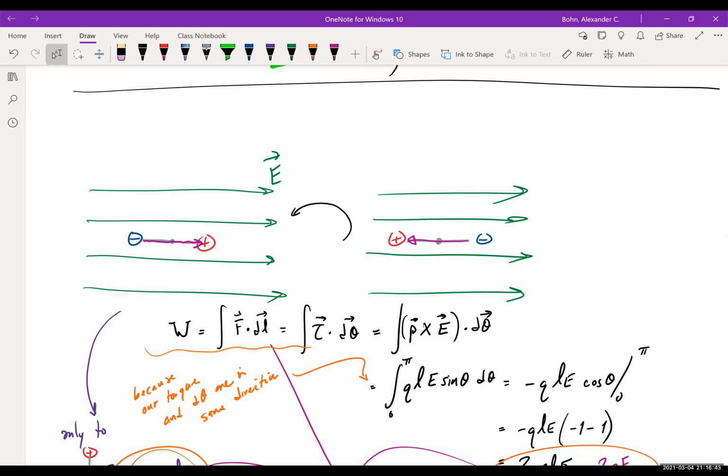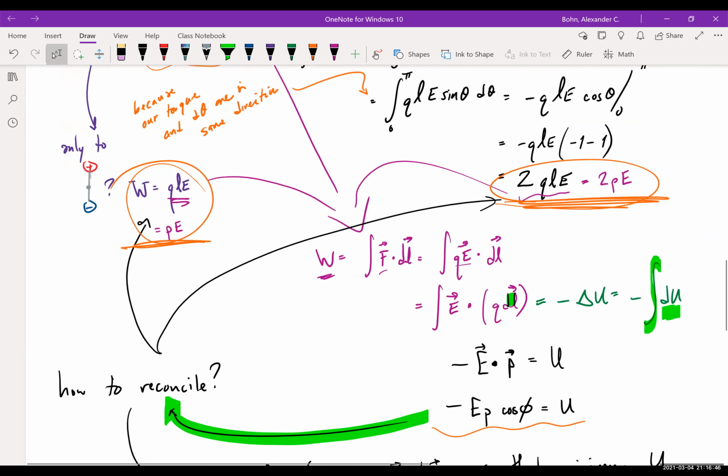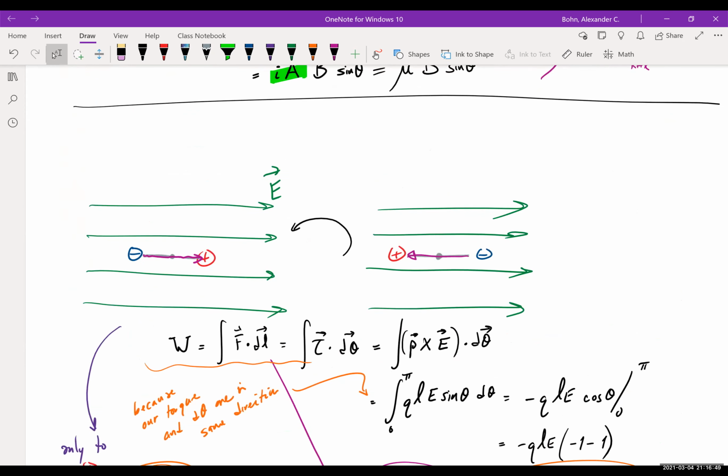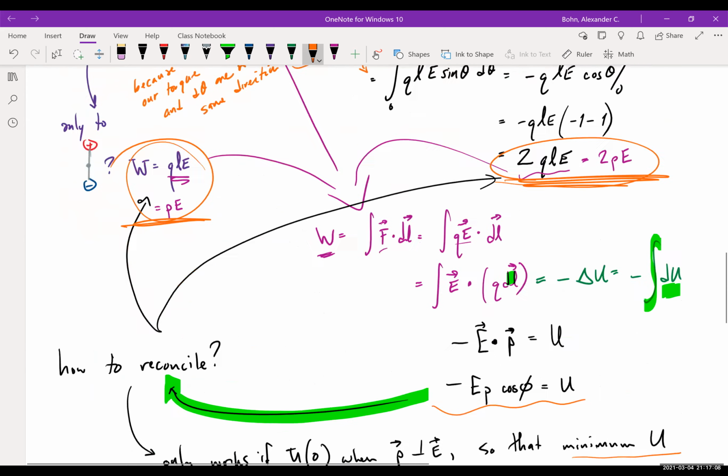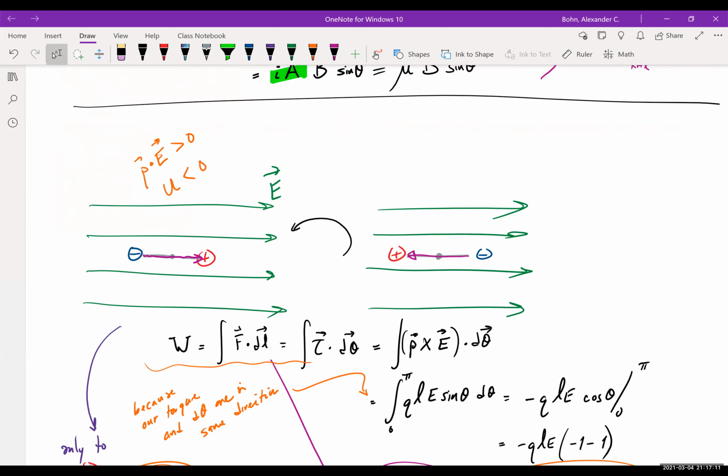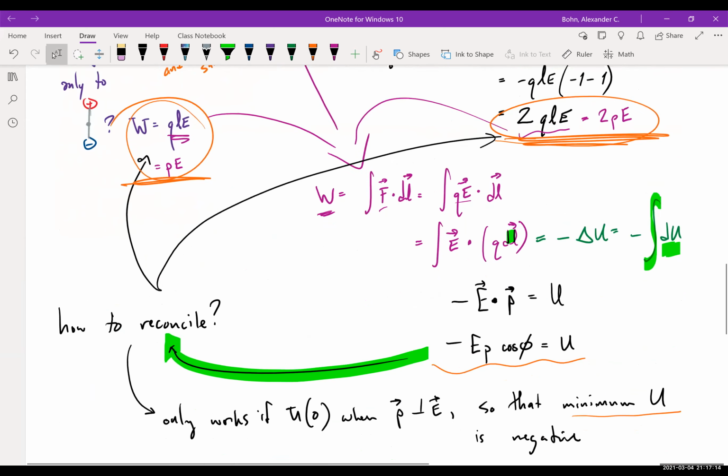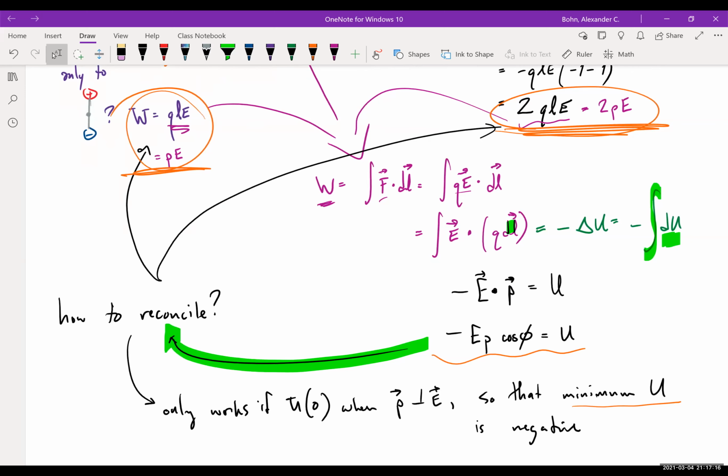It made sense at the time that I wrote it, but that's confusing now. Here, the dot product is positive. Let me write it. P dot E is positive, but U is the negative of that. The potential energy of this configuration is negative.